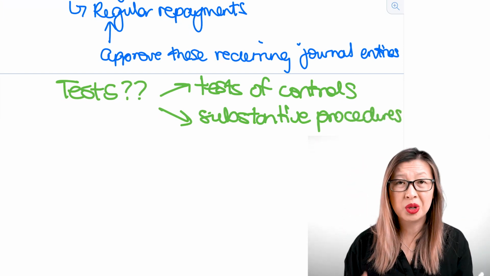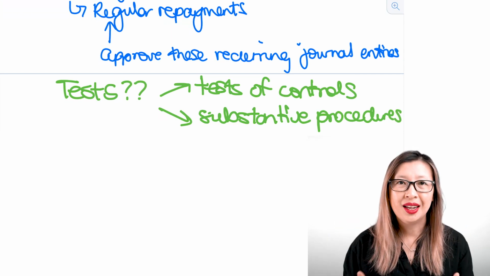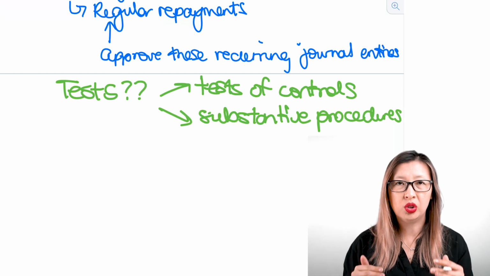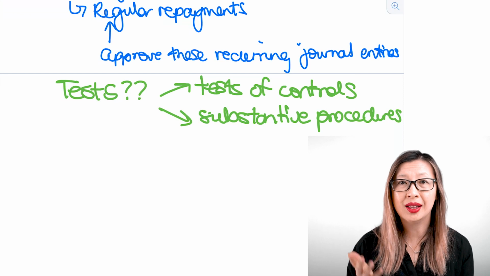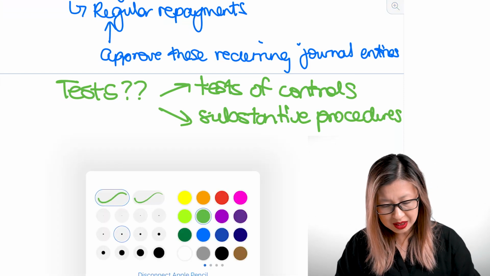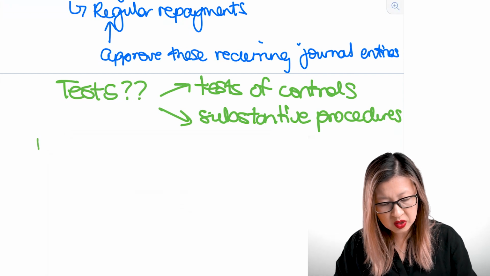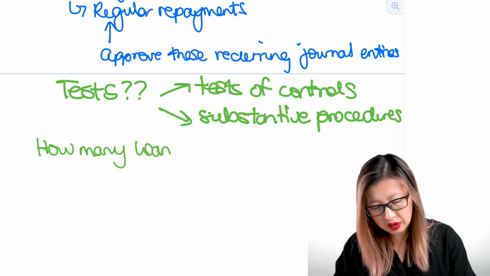Now, for most businesses where a loan is quite a big thing, we need to ask ourselves, is it worthwhile to test internal controls around loans as well as gathering substantive evidence? From my perspective, really the question we need to ask ourselves is how many loans are there?